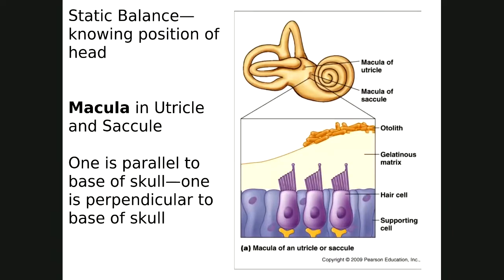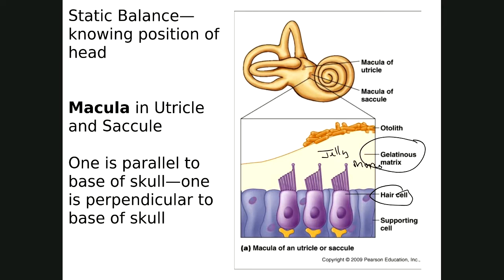And here's what those hair cells look like. They have hairs like this, and they're embedded in this sort of jelly-like matrix. So this is a membrane sort of made out of this jelly stuff. And jelly moves. So there's jelly that can move in here.